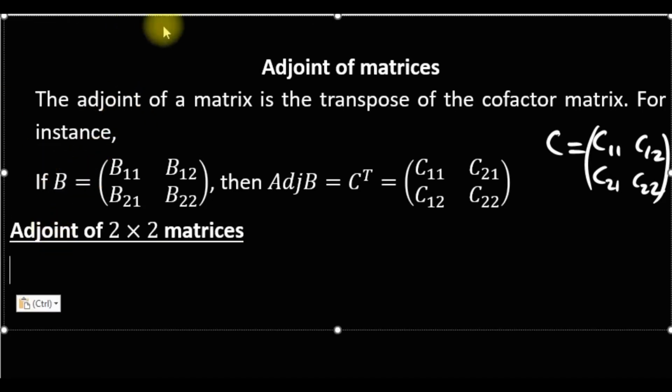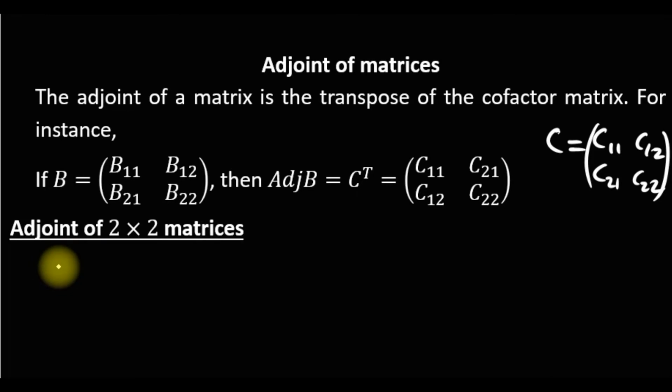We are given this 2 by 2 matrix and we are asked to find the adjoint. So we need to find the minor first. So to get the minors, the minor for the first element M11 is, remember, deleting first row, first column. So we have B22.